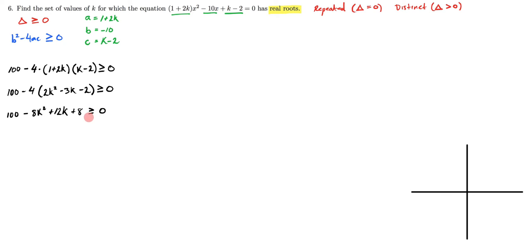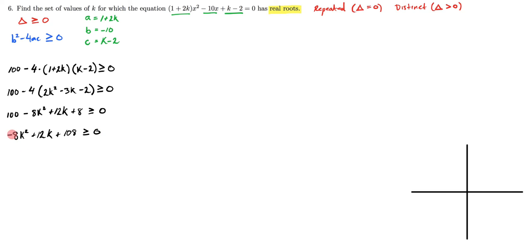Then I'm going to gather my constants. I have 8 and 100, and I'm going to rearrange it as well. So I have my leading term as negative 8k squared plus 12k plus 108 is greater than or equal to 0.